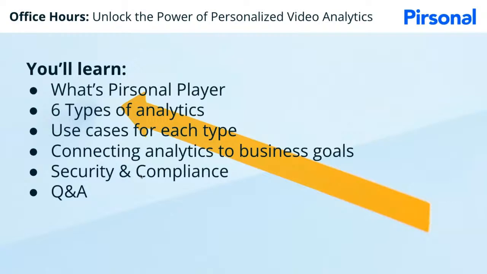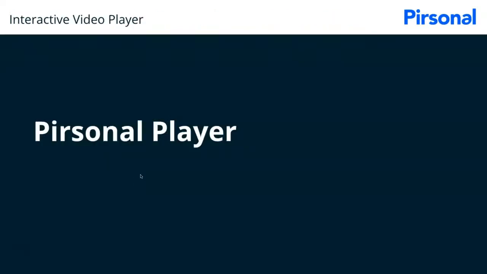All right, ready? So let's face it, traditional video analytics are great for understanding basic engagement. For example, how many people watch and for how long, how viewers maybe interact with the content, like maybe a landing page or something similar, or even the viewer source, where are these guys coming from.